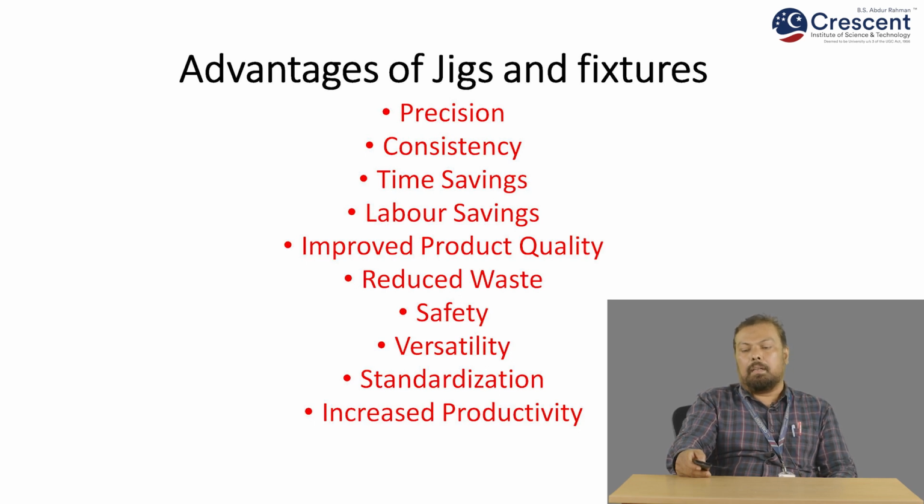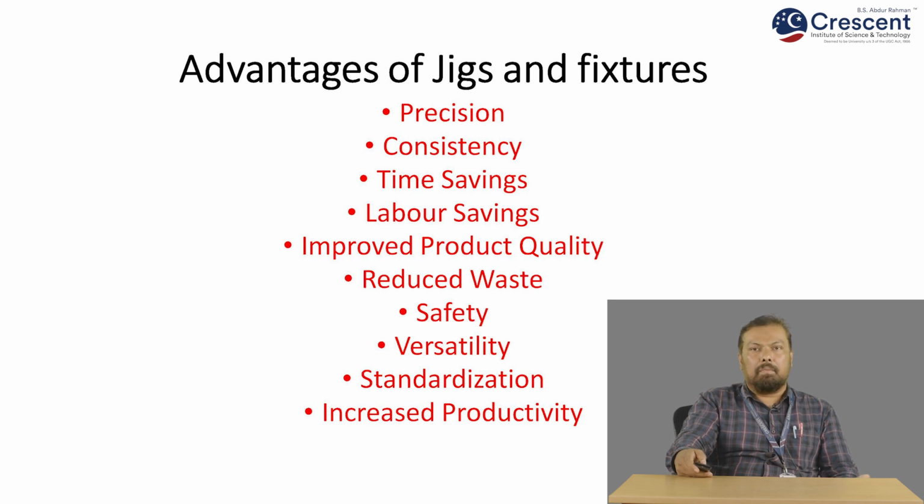I think the safety part we have already seen. Operator safety is of the essence, where the operators can work without facing any kind of injury. The fixtures in particular can be adapted for different workpieces or processes, reducing the need for specialized tooling. And the jigs and fixtures can also be standardized, making them readily available and ensuring consistent quality across multiple manufacturing sites.